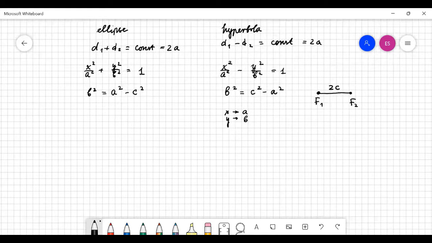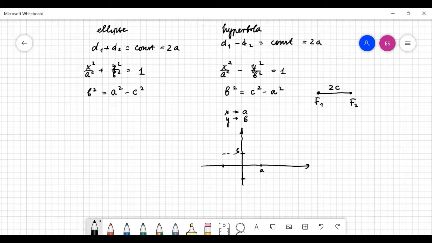And please watch how I build this fundamental rectangle. First, we are measuring a units in the x direction, and b units in the y direction. Well, I'm obviously using 3 and 2, but it can actually be any number. Okay, so this is a and this is b.